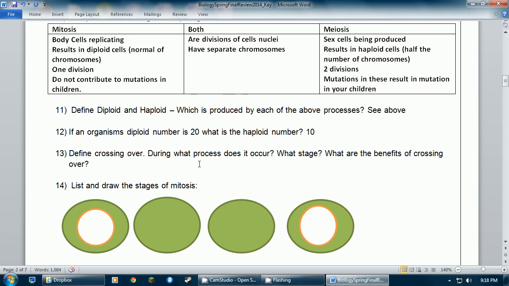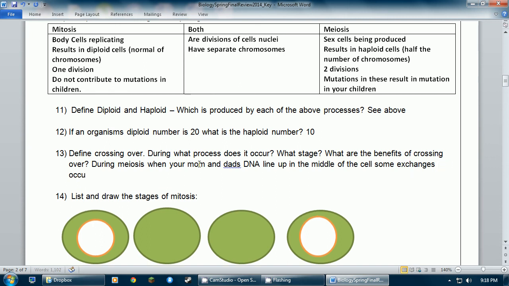Crossing over is during meiosis, when your mom and dad's DNA line up in the middle of the cell. Some exchanges of genes occur.